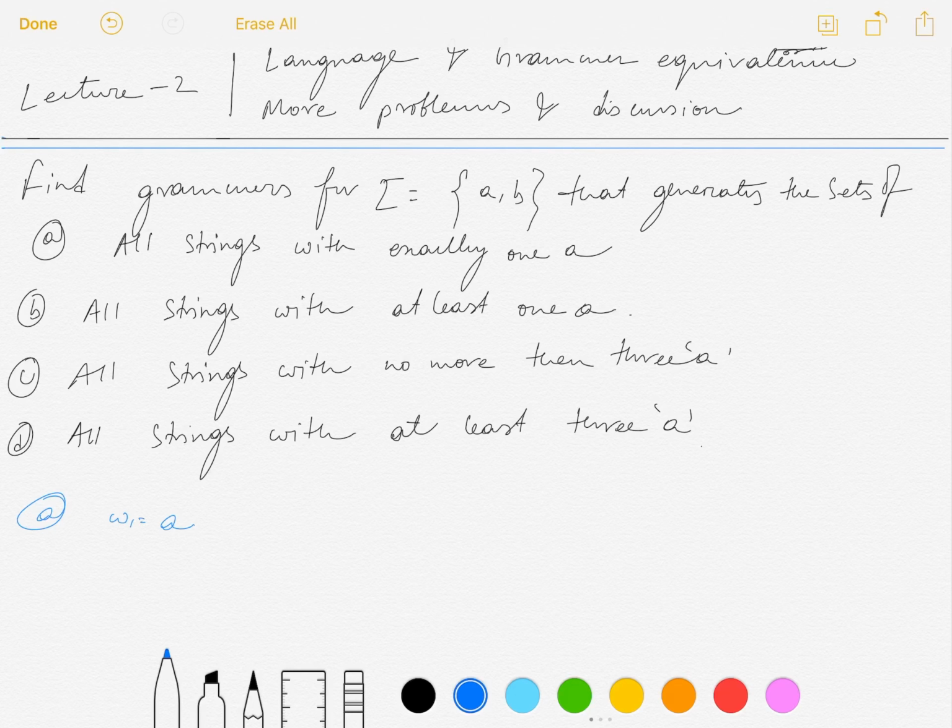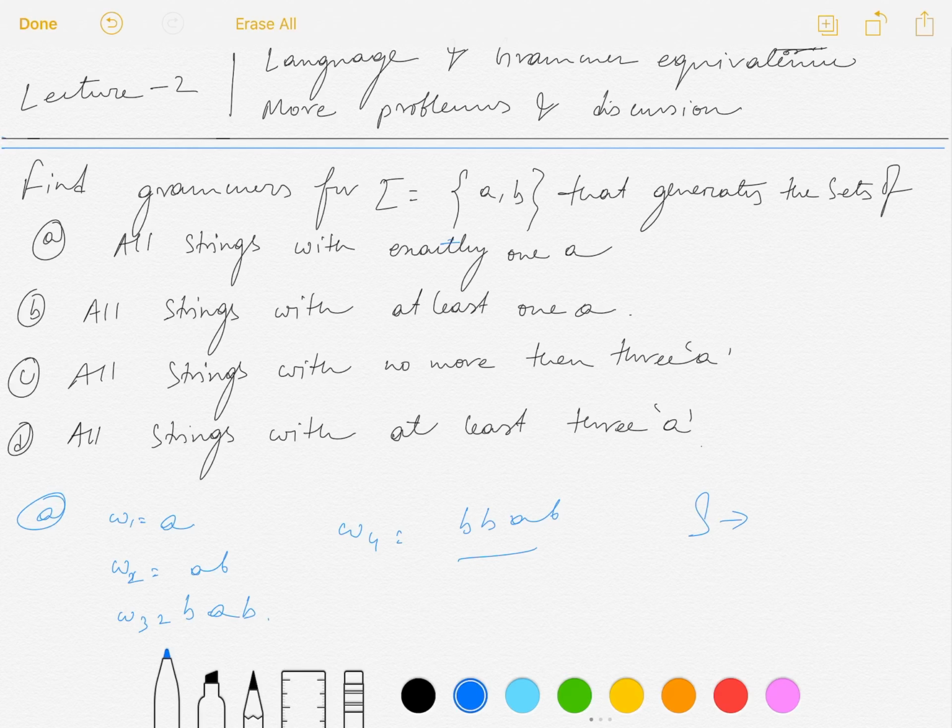So we can consider the minimum strings: omega 1 is A, omega 2 may be AB, omega 3 may be BAB, omega 4 is BBAB. Exactly one A will be there, and after that B may be there, may not be there, or there may be more than one B. So how do we ensure that exactly one A will be there and there may be any number of B?